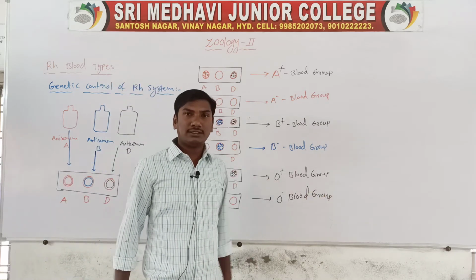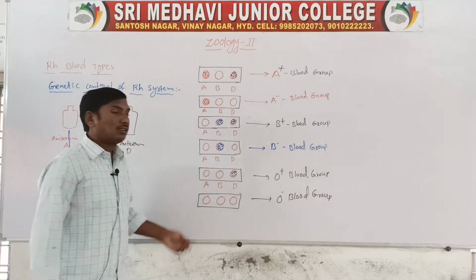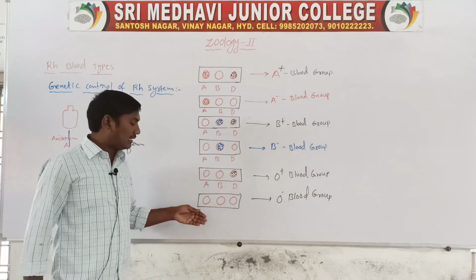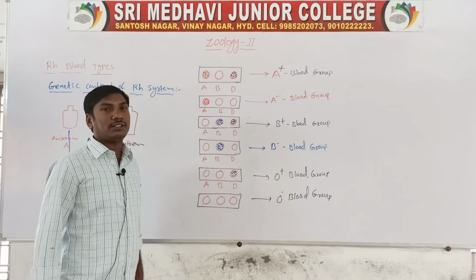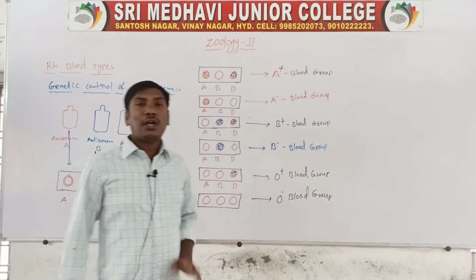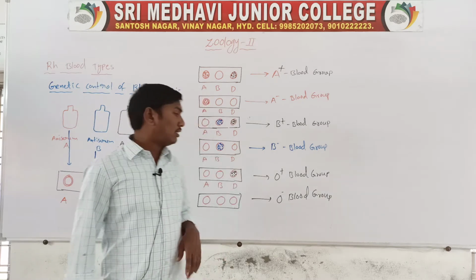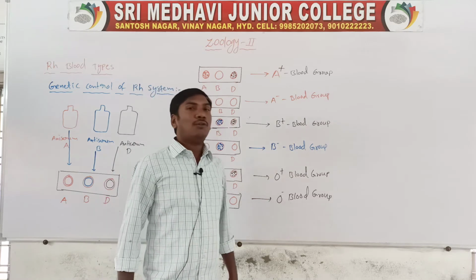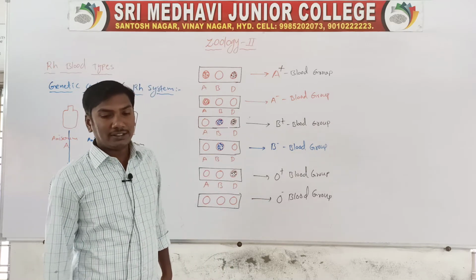Next, antigen A is absent, antigen B is absent, and the RH factor is also absent, so that person's blood group is called O negative.